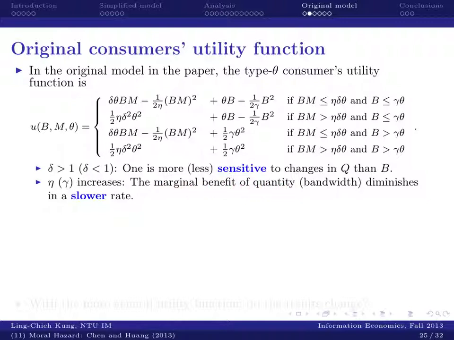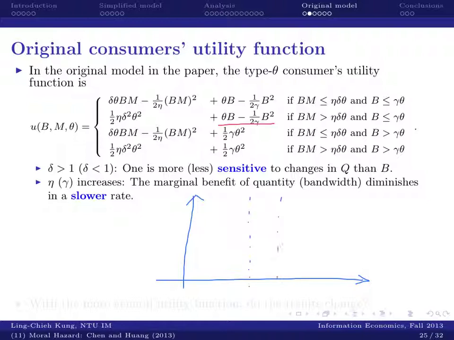Okay, delta can adjust the relative sensitivity, and then eta and gamma can adjust how the marginal benefit of quantity or bandwidth diminishes, how fast it diminishes. So let me use a figure to illustrate the idea. Suppose we look at, for example, the second part here. Then for different gamma, we're going to get different functions.